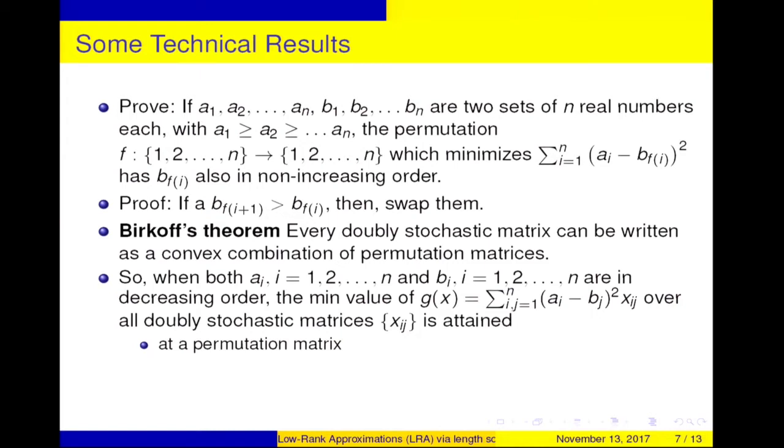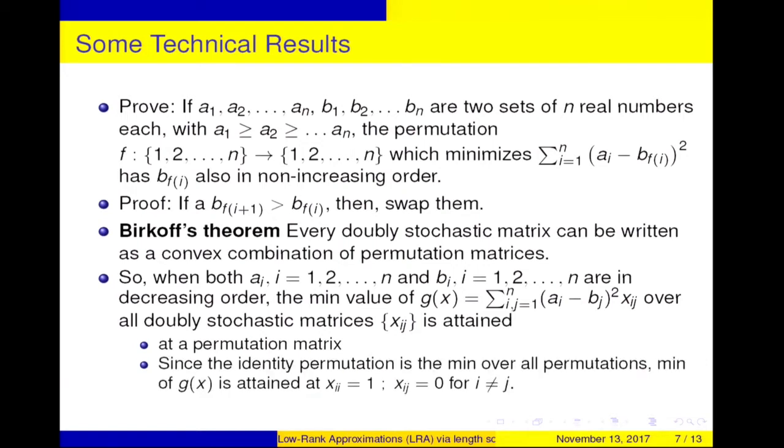Why is the minimum attained at a permutation matrix? Because of the convex combination, right? If the minimum is attained at some doubly stochastic matrix, you can always write it as a convex combination of permutation matrices, and since this is a linear function in the x_ij, it should be attained at one of the permutation matrices. And secondly, since the identity permutation is the minimum over all permutations, this is attained by the identity, right?